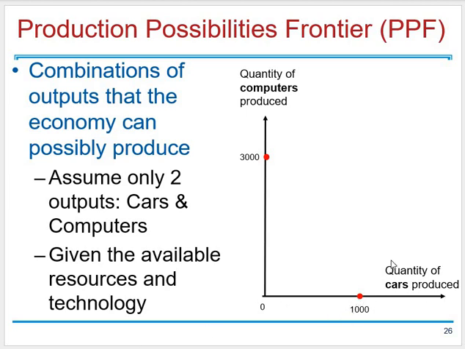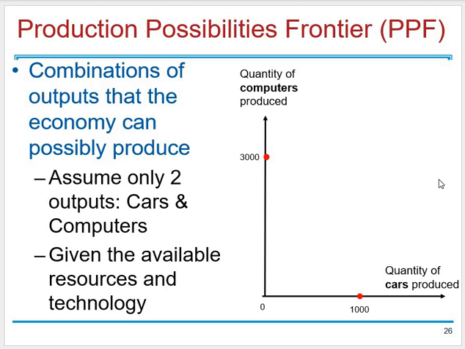That is another possible combination of products, 0 computers and 1,000 cars, which kind of makes sense, right? Because with the same amount of resources available to the firm, you can either make 3,000 computers and 0 cars or 1,000 cars and 0 computers.